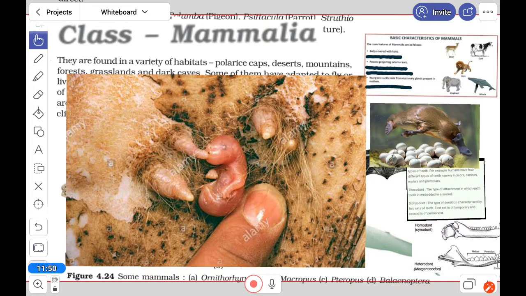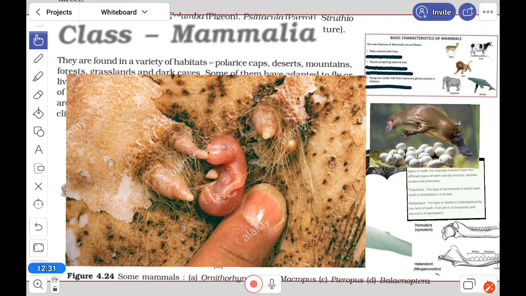A full-grown kangaroo, which is 8 feet tall, gives birth to a baby only 2 to 3 centimeters long. After that, they keep the baby inside the pouch, and the development happens there. So they are marsupials. I think everyone knows that they are found in Australia. There are so many marsupials. They are mammals.